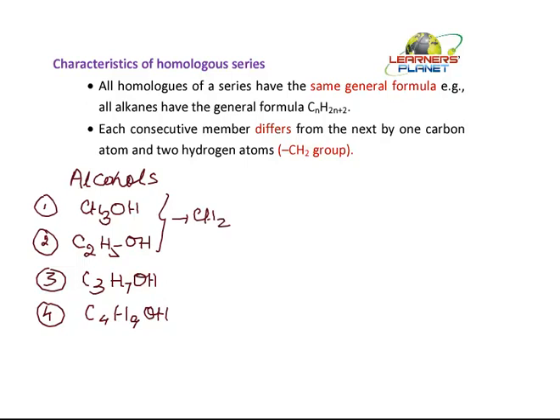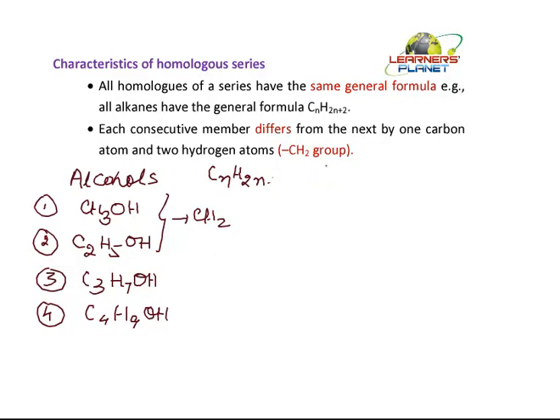Now what is the general formula of this? I can write it here: CnH2n plus 1 plus OH. Will it do? No, it should be CnH2n plus 1 OH. So this is not the general formula of alkanes.